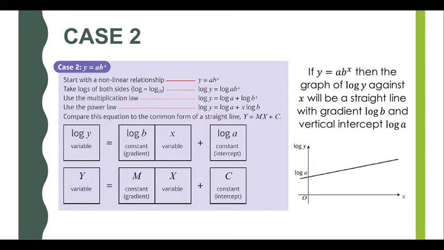Our gradient is now log b, so m is log b. x is just x, and our y-intercept c is log a. This time we plot the graph of log y against x, and we get a straight line with vertical intercept log a and gradient log b.